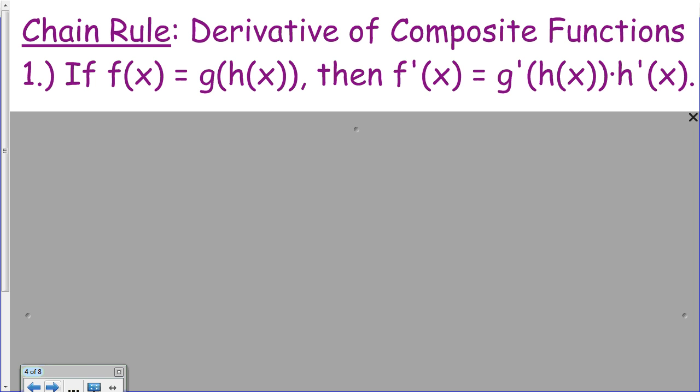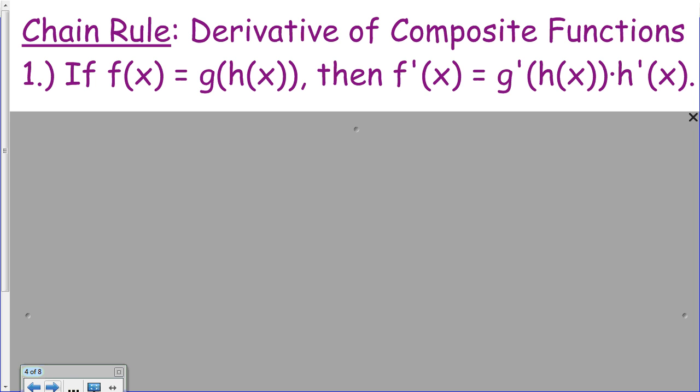It says if f of x is equal to g of h of x, f of x is a composite function of functions g and h. Then f prime of x is equal to g prime, the derivative of the outside function, evaluated at h of x, the inside function, times h prime of x, that is, times the derivative of the inside function.